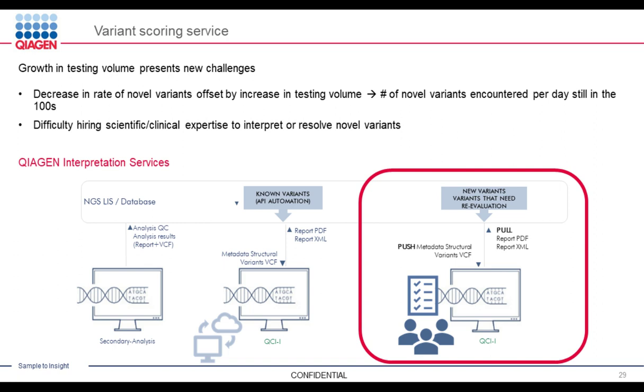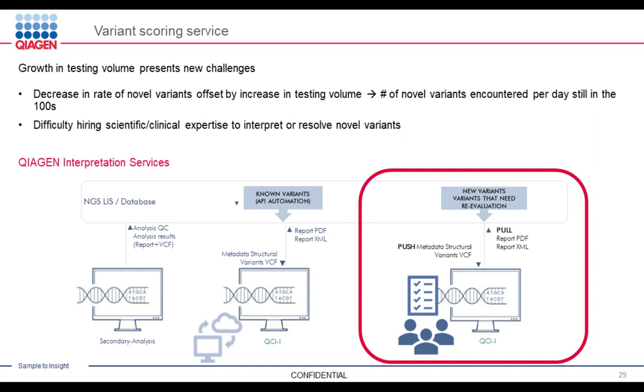If now you want to launch a service, you've launched your service and business is growing quickly, but now you're running into a bottleneck where you don't have enough variant scientists to score your variants. Well, we also provide a service to help you score your variants.